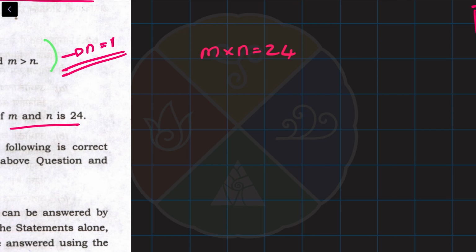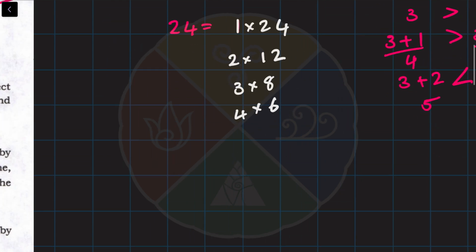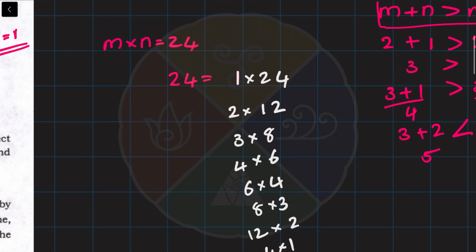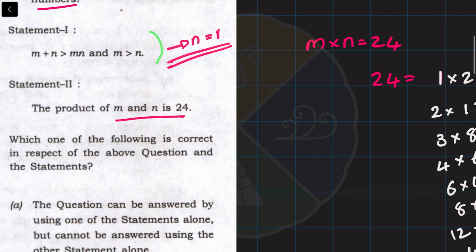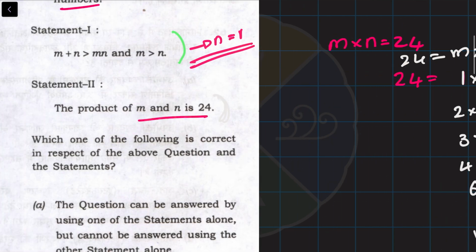The problem is that there are multiple options. 24 could be factorized as 1 into 24, 2 into 12, 3 into 8, 4 into 6, and also the opposite versions: 6 into 4, 8 into 3, 12 into 2, 24 into 1. So there are too many possibilities, and just by using statement 2 I cannot come to the answer.